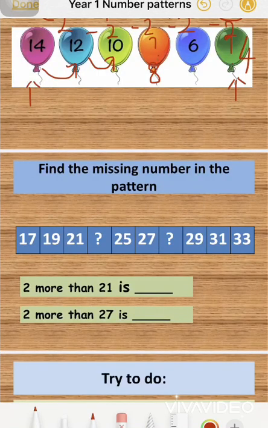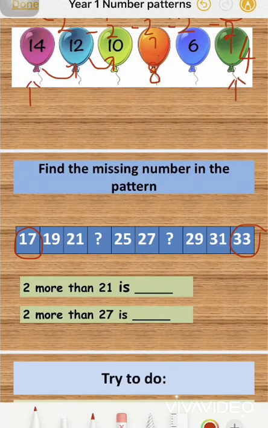So from 17 to 33, are the numbers getting bigger? Yes, the number is getting bigger. If the number is getting bigger, that means we need to count back or count on. You need to count on.